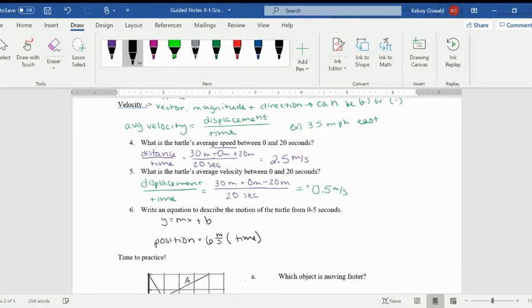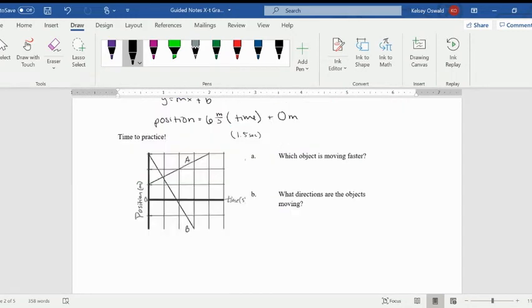We multiply that by time, plus our y-intercept, and we can see at time 0, we start at a position of 0 meters. Okay? So we can describe the motion of our turtle from 0 to 5 seconds with the equation position is equal to 6 meters per second times the time plus 0. So if we wanted to find our object's position at 1.5 seconds, we could plug that 1.5 into this equation for our time and solve for what our position would be at that time.